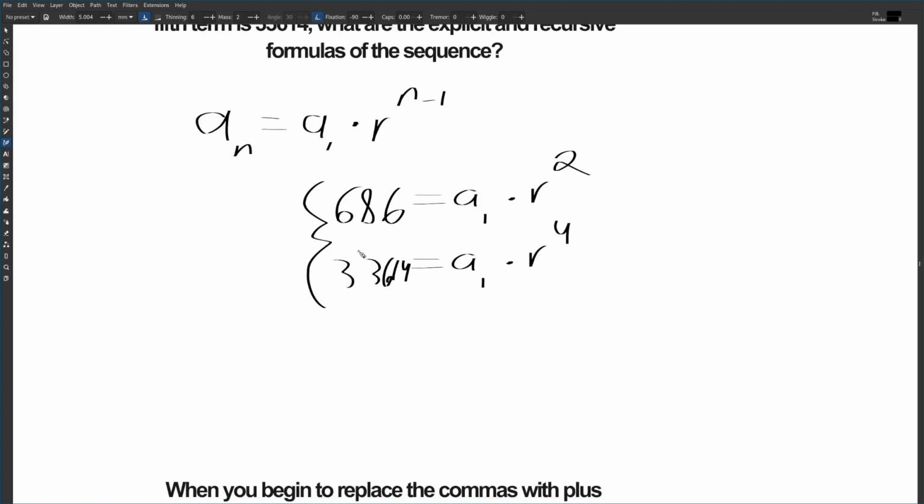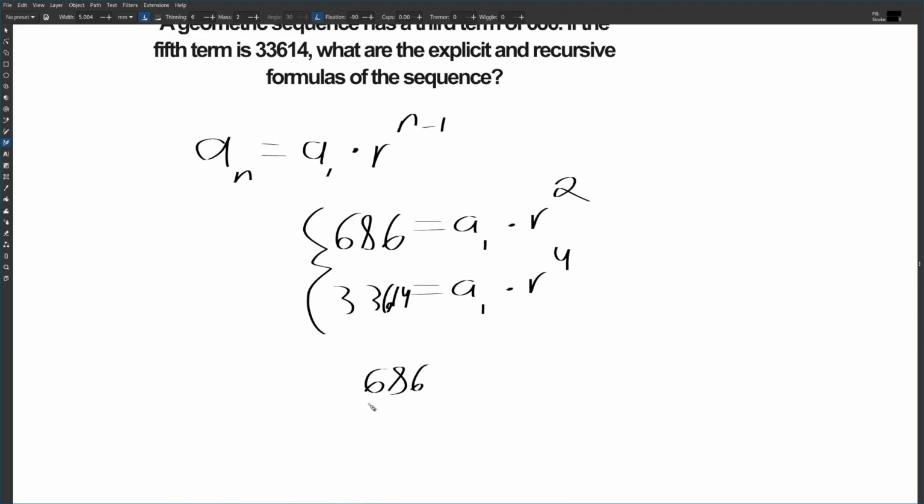Divide these two. We're going to have 686 divided by 33,614. And since this is a of 1 divided by a of 1, they cancel out. It's equal to r squared divided by r to the 4.